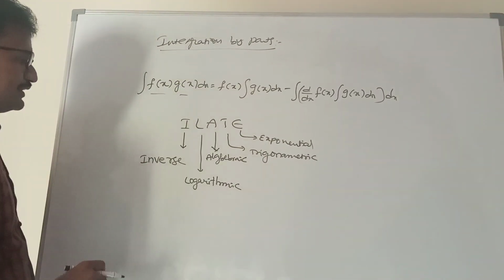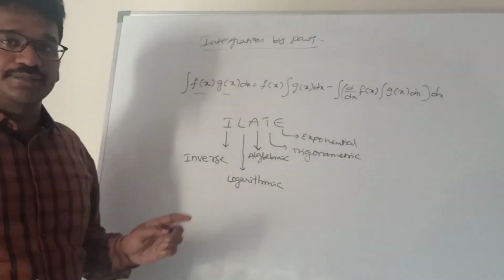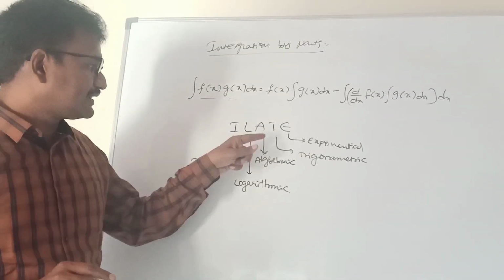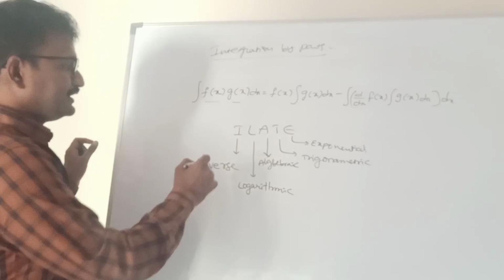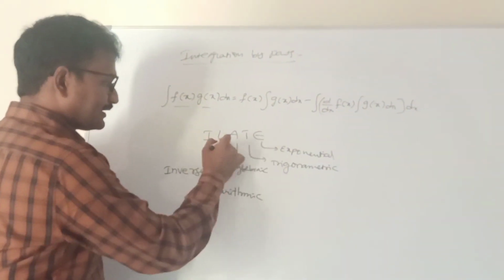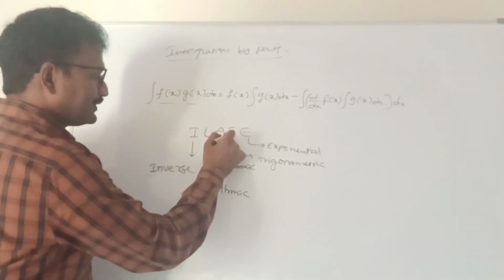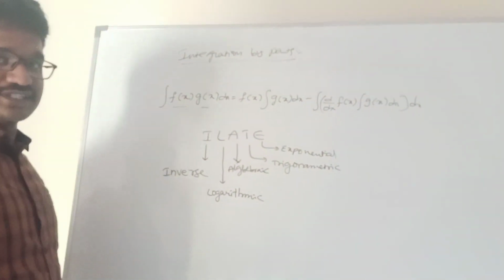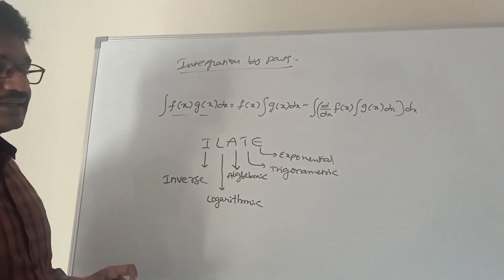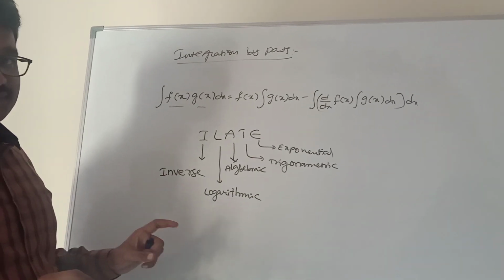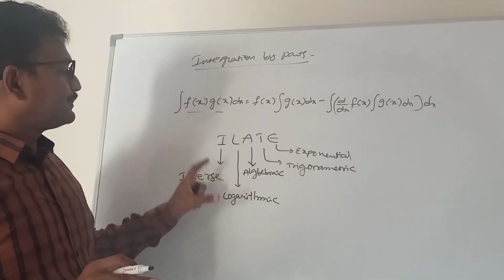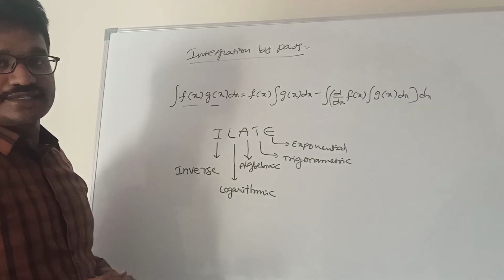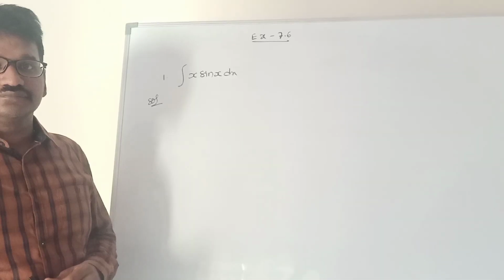According to this order, in 99% of cases we will consider the functions. In this order, inverse, logarithmic, algebraic, trigonometric, exponential, whichever function comes first, that function we will select as f of x. This is the rule for solving 99% of the cases of integration by parts.